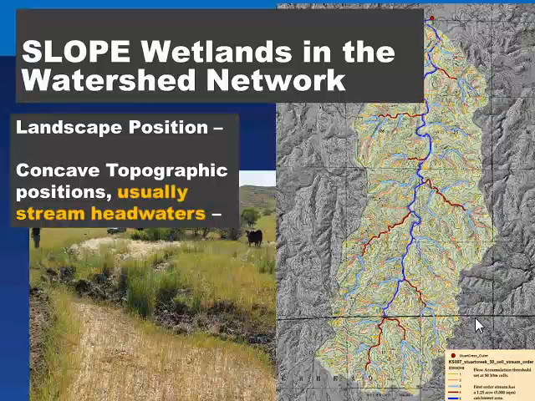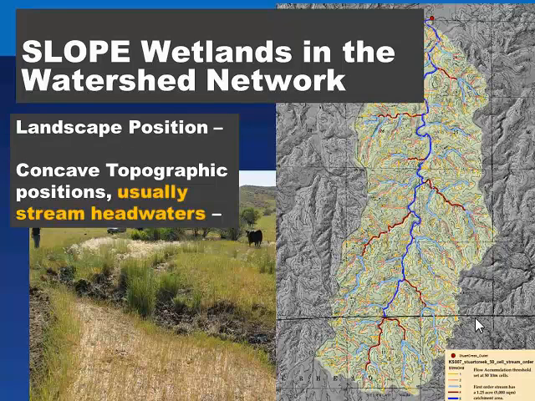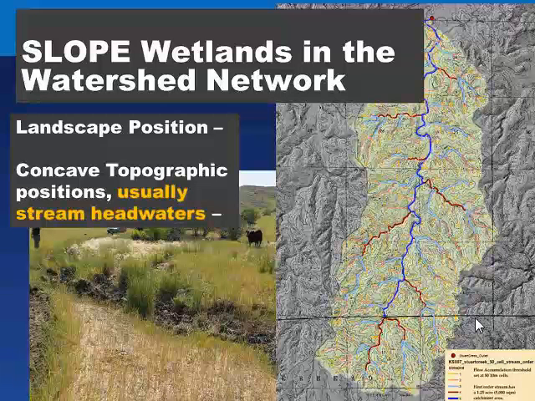The shape of the landform is concave across the valley and also concave longitudinally, what the soil scientists call a concave landscape position in their geomorphic description. And it's this concavity that actually forces water topographically to the surface.